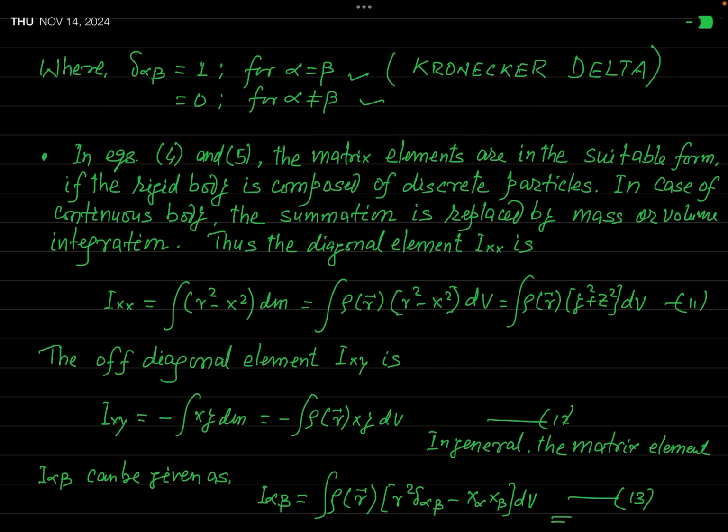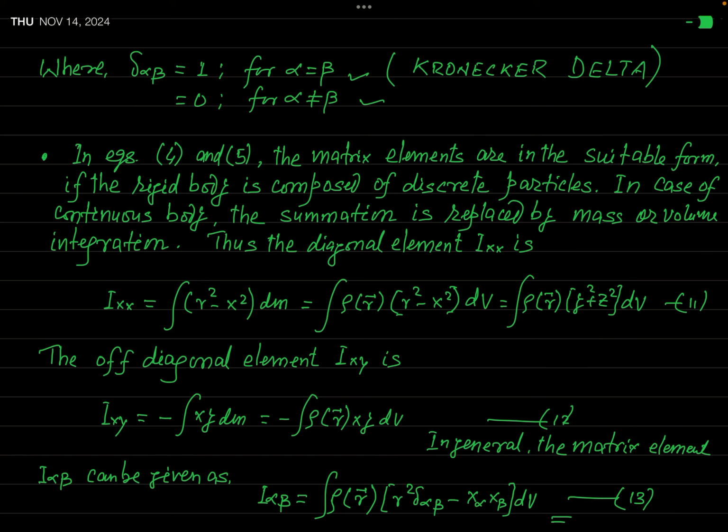You know it. When a function has discrete values, the total value of the function is found by summation. But if the function varies continuously, its total value is obtained by integration. So in the case of a body of continuous mass distribution, you have only to replace the sign of summation by the sign of integration.